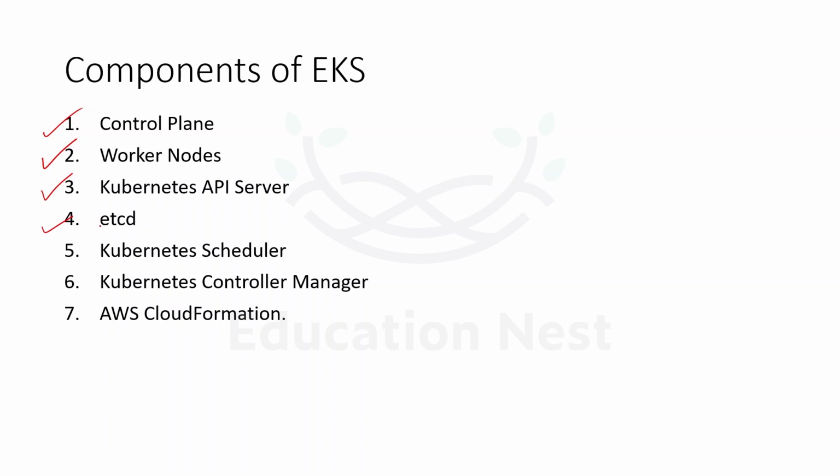etcd is a distributed key value store that is used to store the state of your Kubernetes cluster. It is used by control plane components to coordinate and synchronize cluster state. Then we have the Kubernetes scheduler.